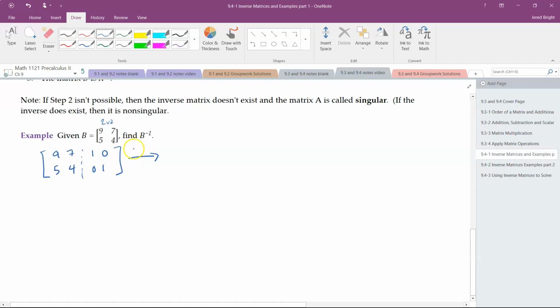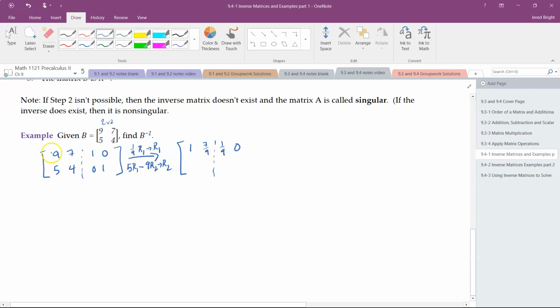Alright, so I'm going to do 1/9 of row 1, put that into row 1, and at the same time I'm going to do 5 row 1 minus 9 row 2 and put that into row 2. When I do that, I obtain 1, 7/9, 1/9, and 0.